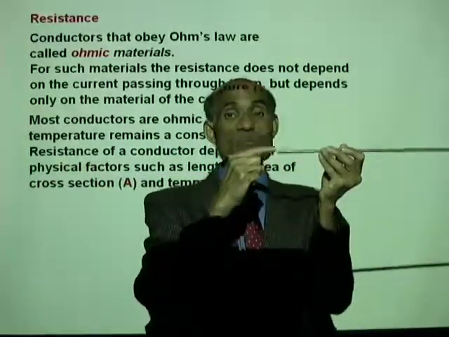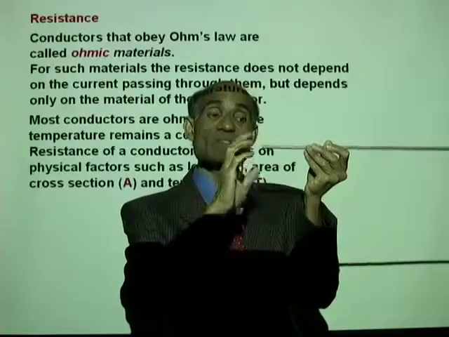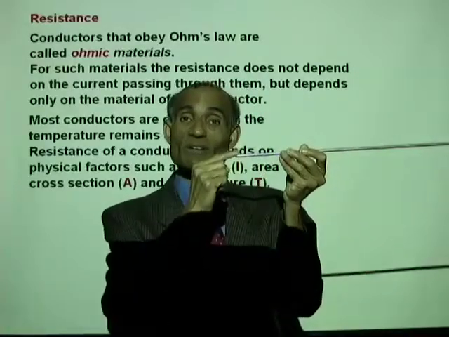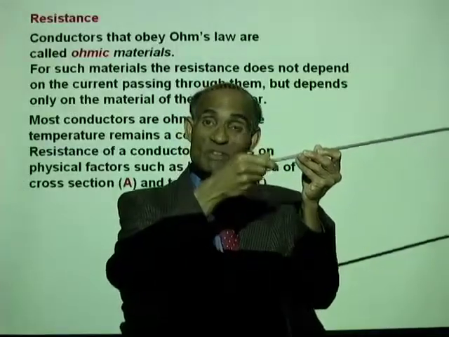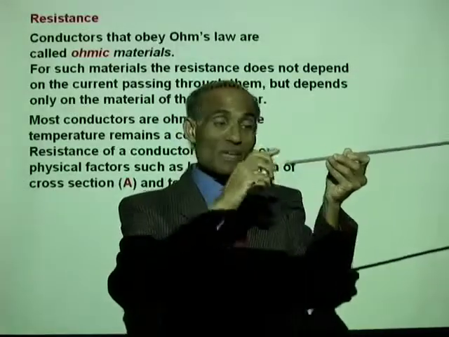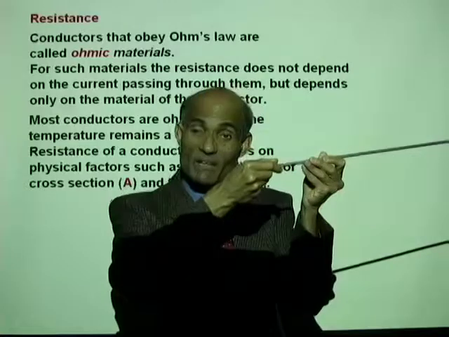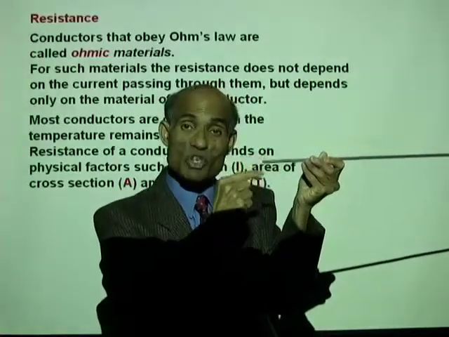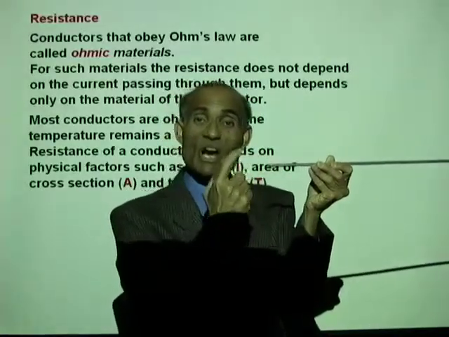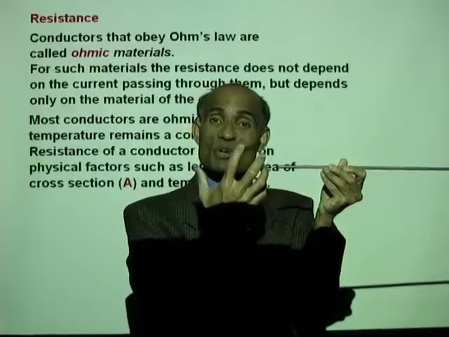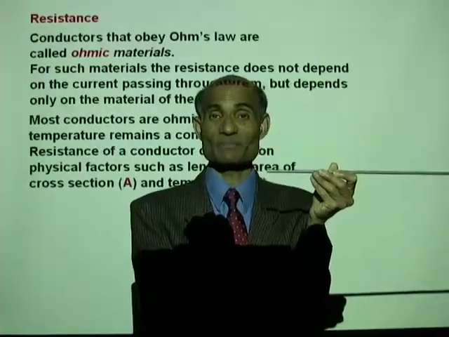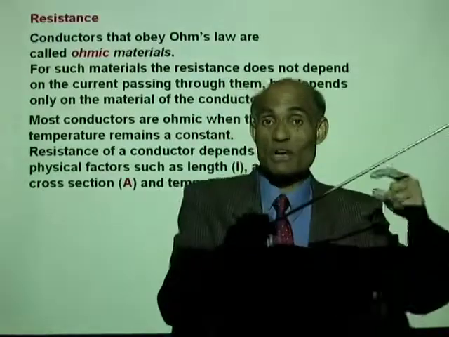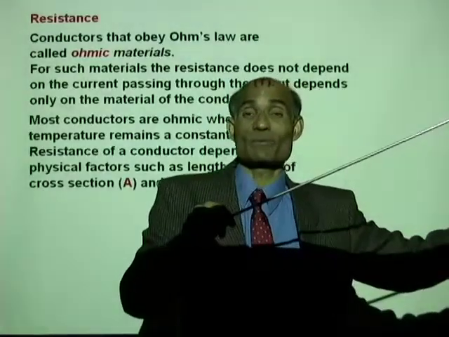Now, how is the resistance affected by the area of cross-section? Area of cross-section is a measure of how thick the conductor is. If the conductor is very thick, the area of cross-section is large. Tell me, will a large area of cross-section increase or decrease the resistance? Let's go back to the analogy of the corridor.